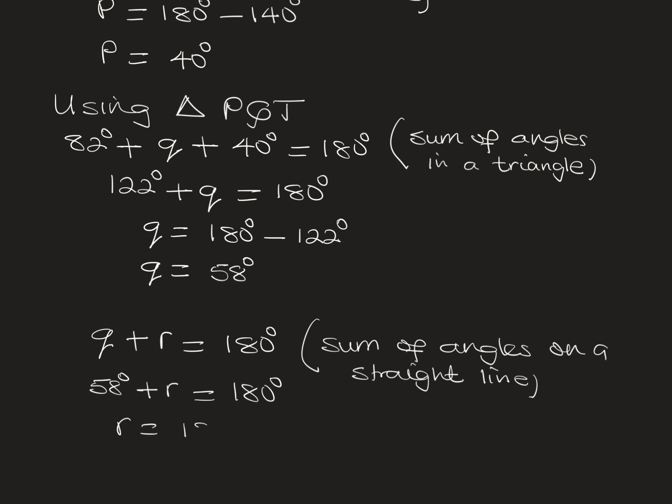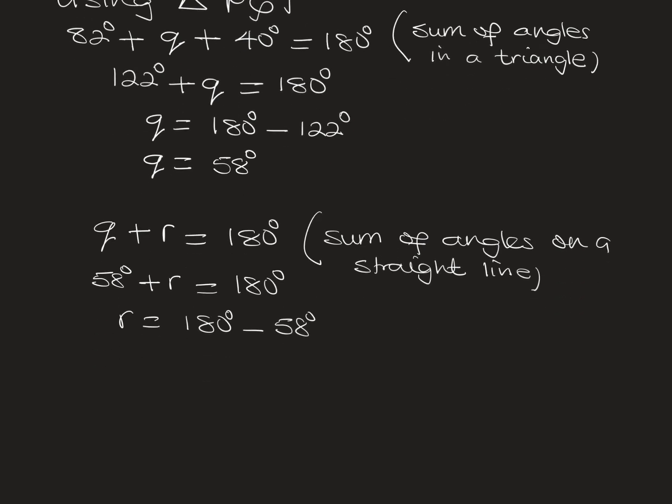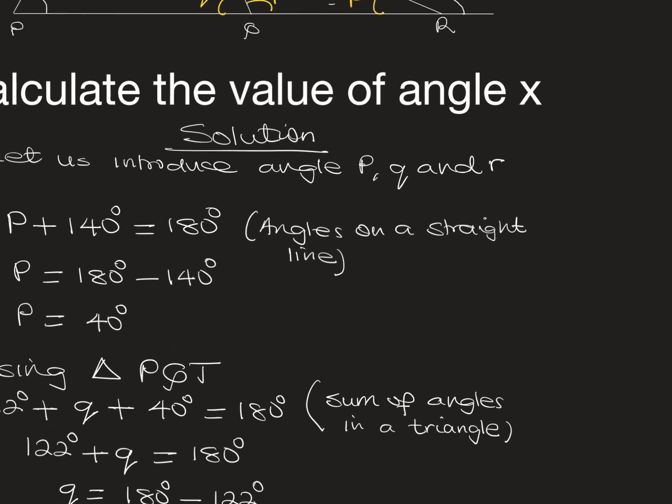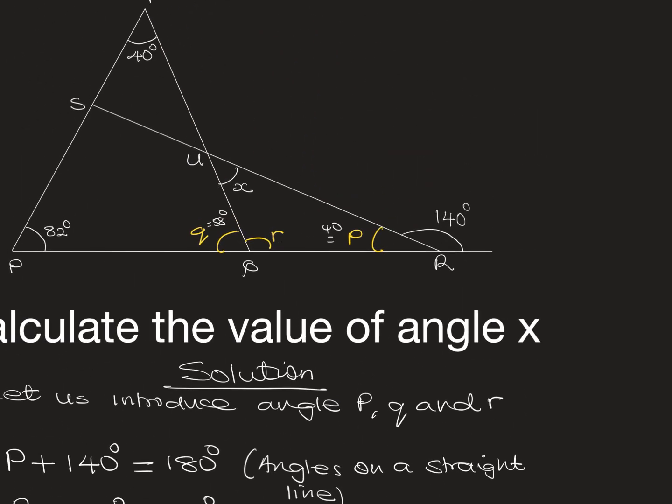R is equal to 180 degrees minus 58 degrees. So R is equal to 122 degrees. That is the value of R, 122 degrees. So by considering triangle UQR, we can now find X.